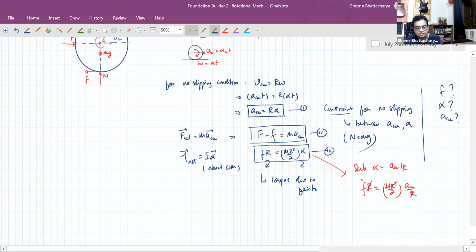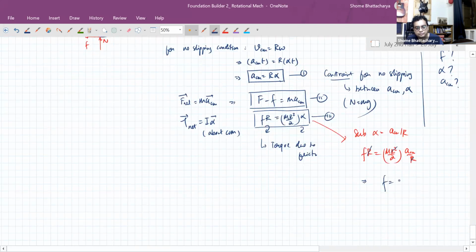So this equation becomes friction equals M A_CM by 2. Okay, and now we substitute this in equation 2. So you can see that capital F minus M A_CM by 2 is equal to M A_CM. So that tells us that F is equal to M A_CM into 1 plus half.